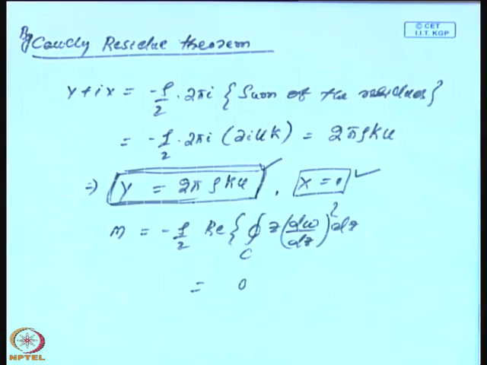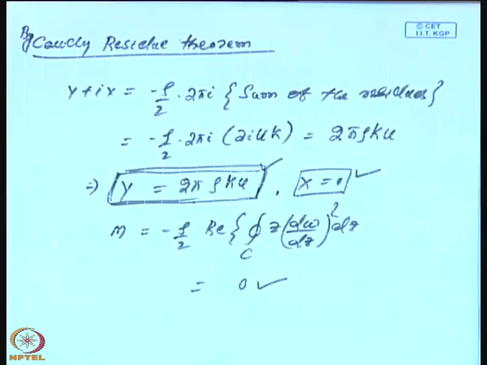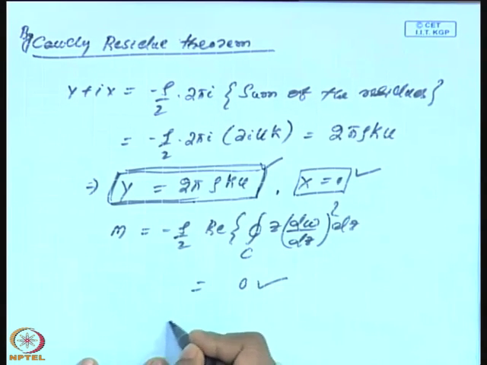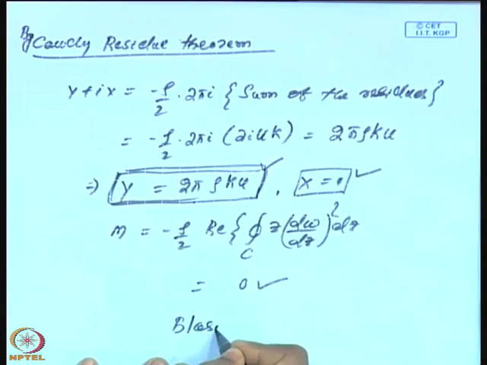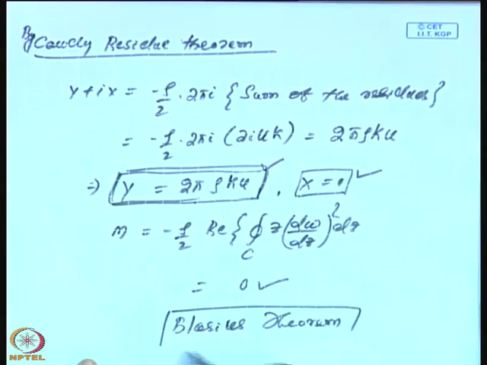On the other hand, the moment M is 0. This is a very classical example to calculate the force based on the Blasius theorem.